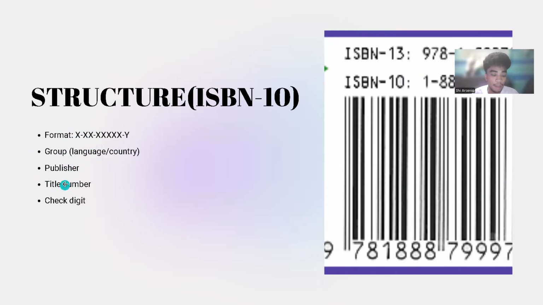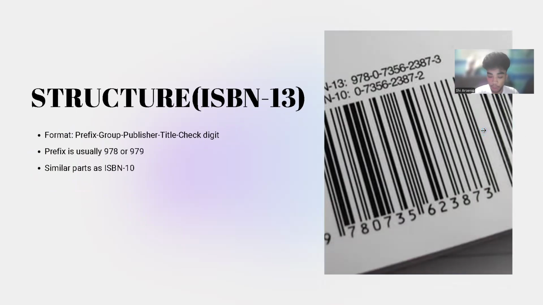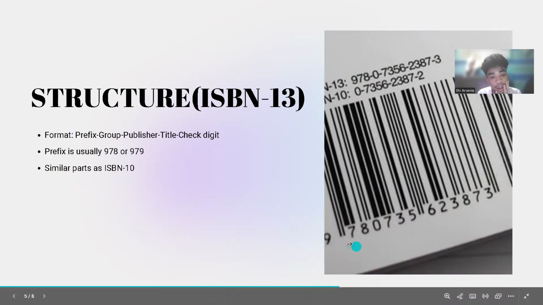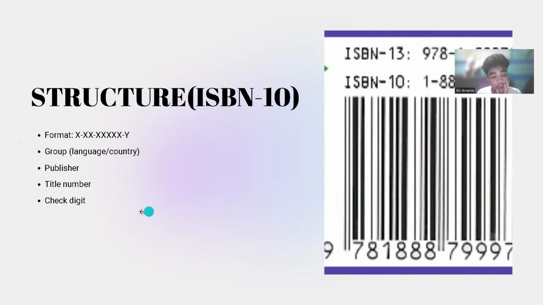And the next is a 5-digit group, which represents the title number, while the last is the check digit. The check digit is a digit which validates the number to prevent errors.